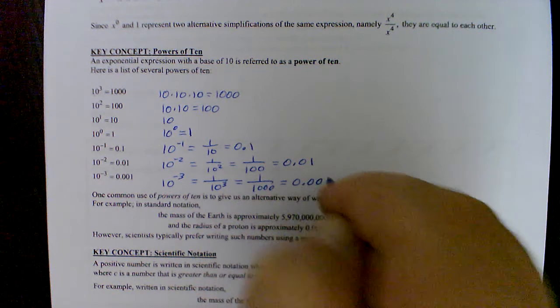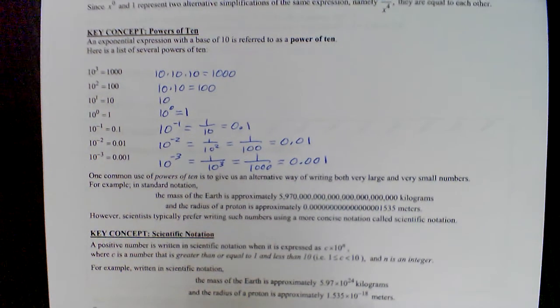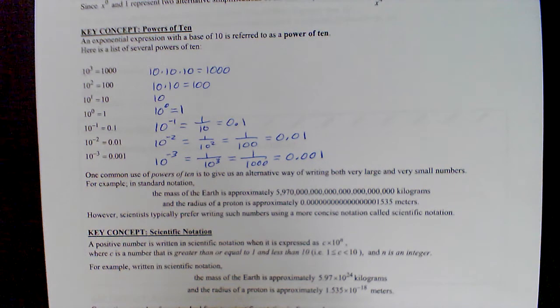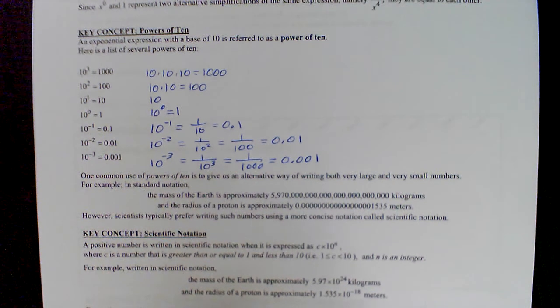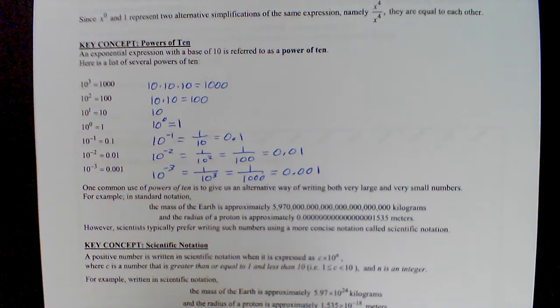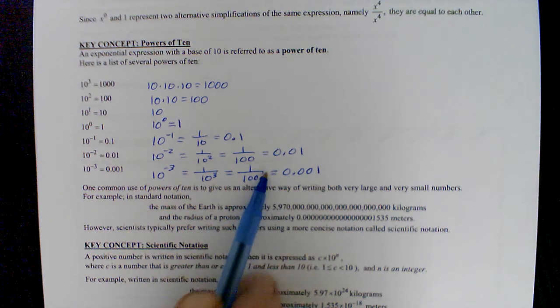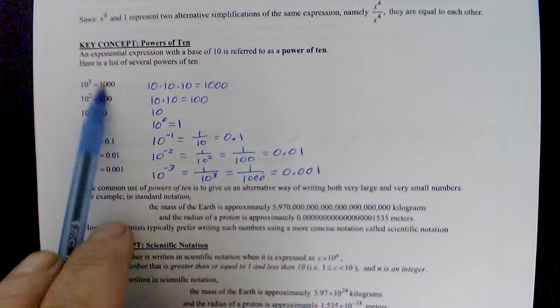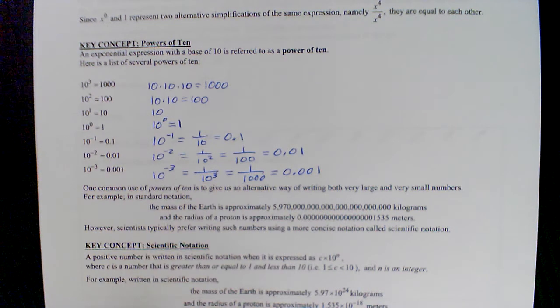So one thing I just want to point out is that when you have a power of 10 with a negative exponent, the number is less than 1, and if you have a power of 10 with a positive exponent, the number is greater than 1. So now to the concept of scientific notation.